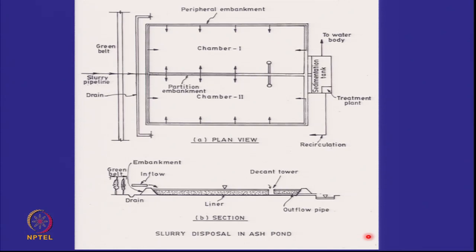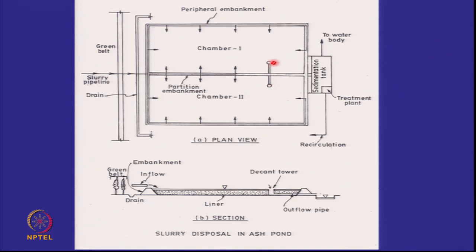If I look at the arrangement in slightly more detail, I have to have an inflow slurry pipeline. As I said, there has to be an inflow arrangement and there has to be an outflow arrangement. If I look at this section, I am having the slurry coming in from this point and being discharged, and then I have an outflow arrangement.